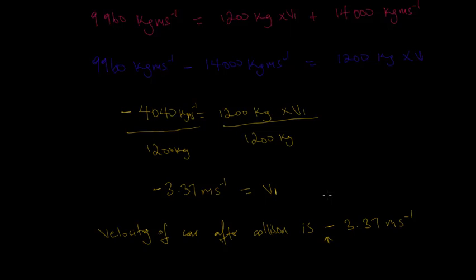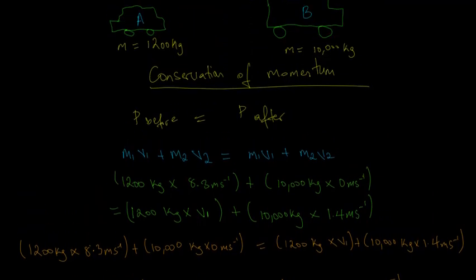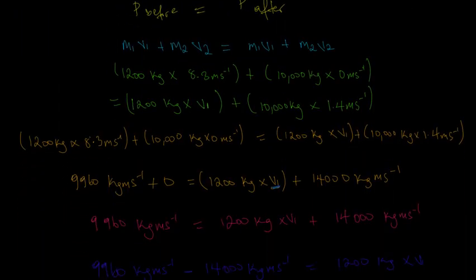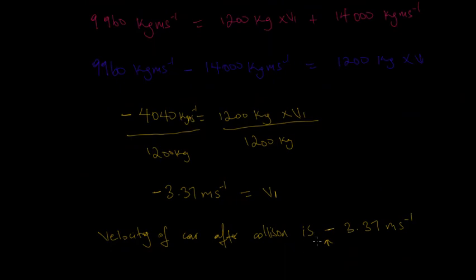If it was moving eastward, based on our diagram, after the collision it starts to move westward. That is why we have the negative in our answer, because the negative represents the direction of the vector.